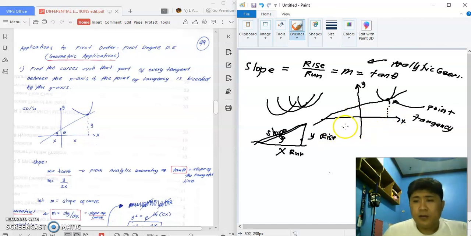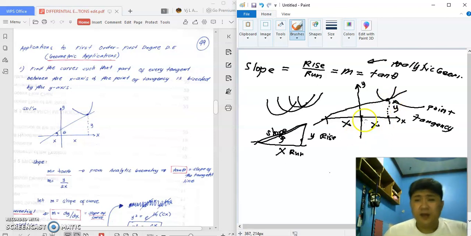Bisected means it is divided into two equal parts. So let's say it is bisected by the x-axis, sorry for the figure. This is an x, a value of x which we don't know. So maybe from here until here is equivalent to from here until here. Sorry for the figure. Okay. So we have x here and we have a rise that we also don't know.